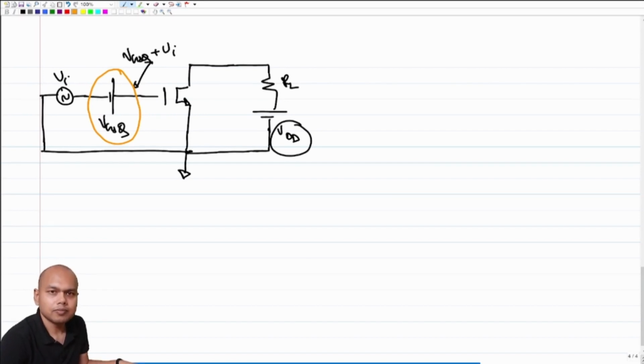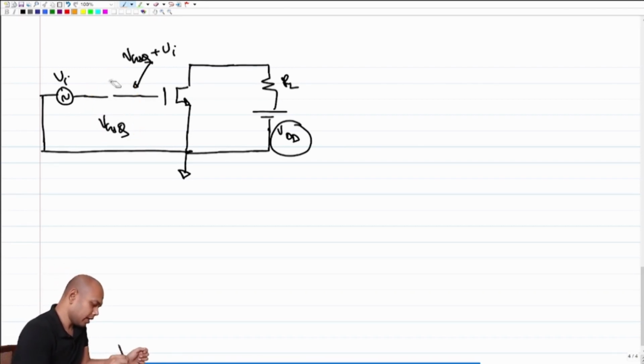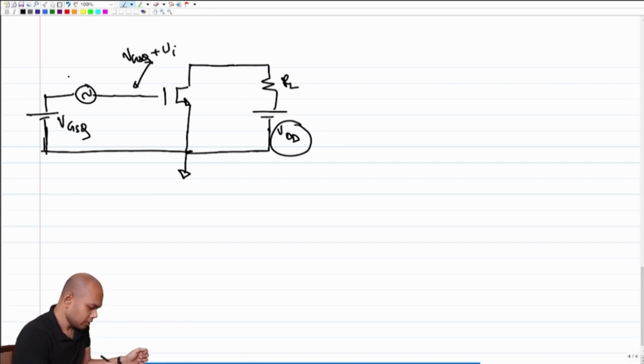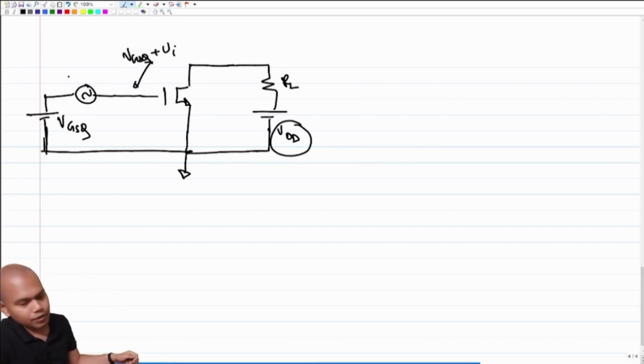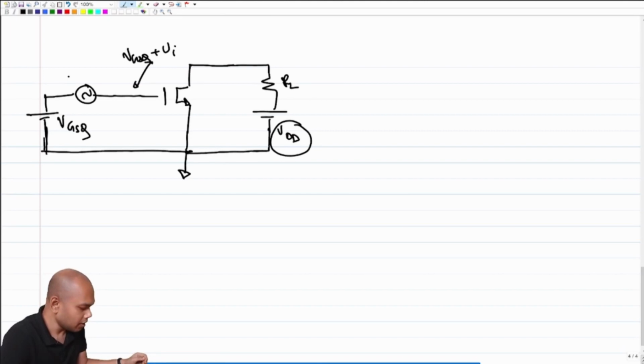One might say that instead of doing this, I will do this. I'll use a smaller battery and the voltage source in series, and this value of VGSQ I have derived from VDD, right?